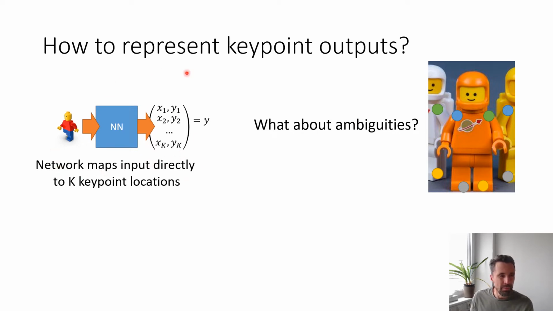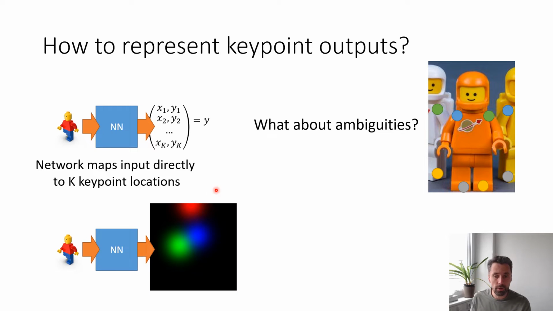Right, so we probably won't be seeing an approach with a fixed regression output to key points. We need something else, and this is usually done with so-called heat maps.